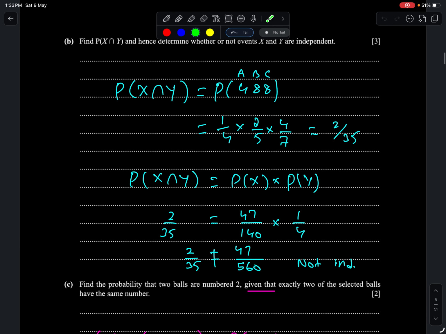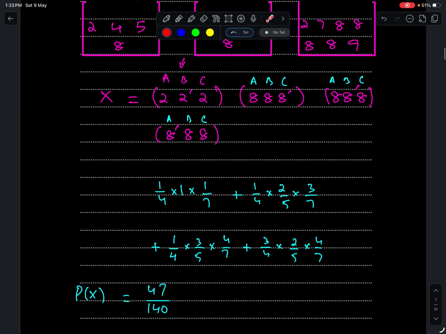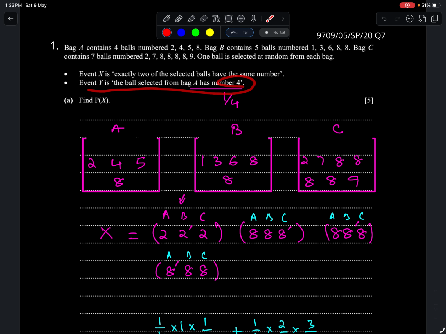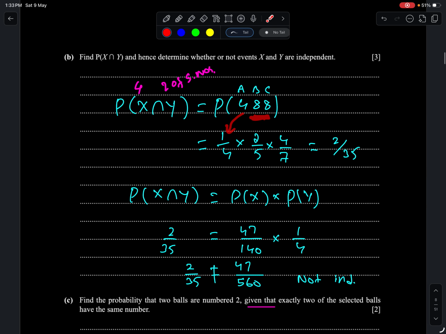So we can have 4 from A, 8 and 8 from B and C. Both conditions. This means number 4 and this means 2 same numbers. 2 balls of same numbers. Okay. So see, from box A 4 and 2 same numbers, and event Y box A 4. So this is X intersection Y.